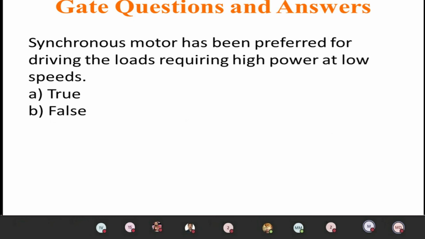Next question: synchronous motors are preferred for driving loads requiring high power at low speed. So the option is true. Synchronous motor acts as a capacitor when operating at leading power factor with no load.